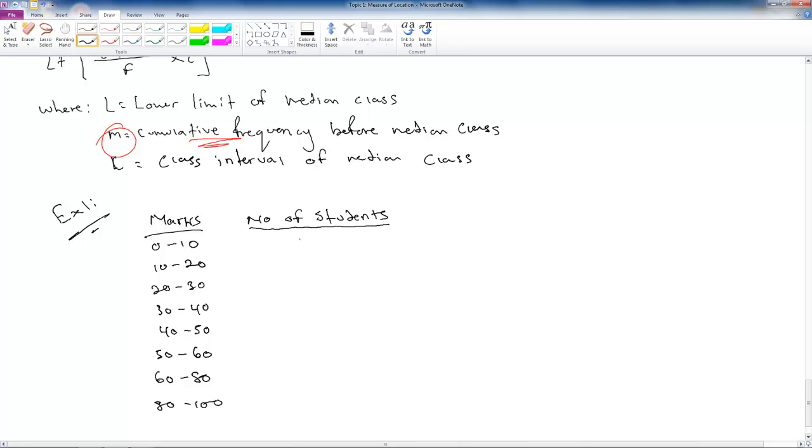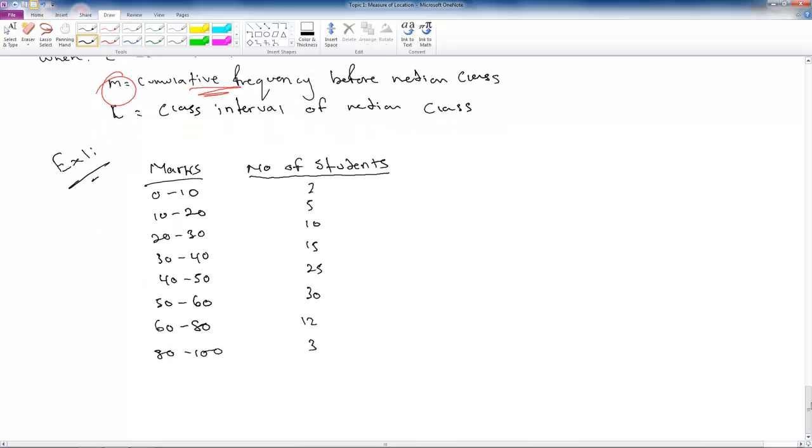Then we have 2, 5, 10, 15, 25, 30, 12, 3. Required: calculate the median.